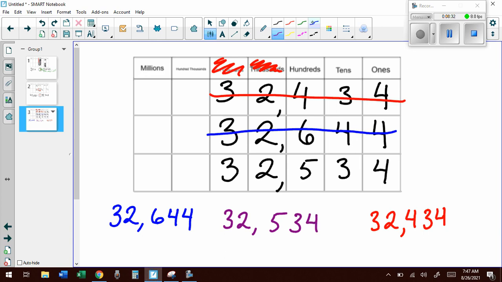And that is ordering these numbers from greatest to least. So we took the larger number, then the one that is not the largest but not the smallest, and then we took the smallest number, and we were done.